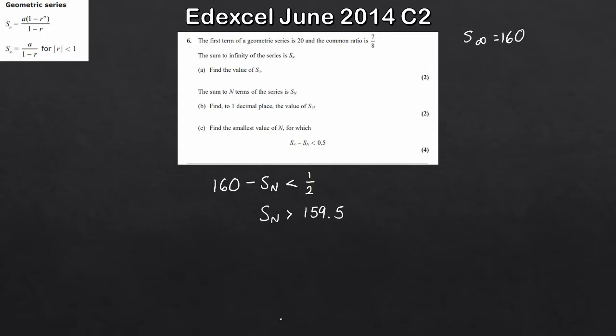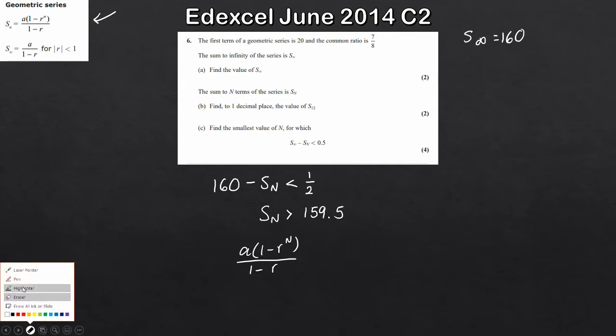So it just makes it a little bit easier to work with. Now, the sum to n terms, we know, is just this formula here at the top. So let's write that out. What we're saying is a times 1 minus r to the n, divided by 1 minus r, is, sorry, wrong symbol, is greater than 159.5.